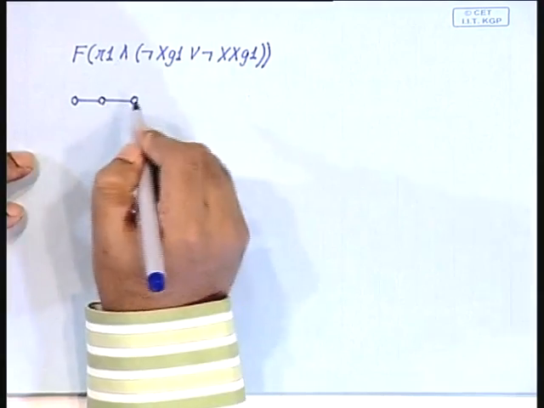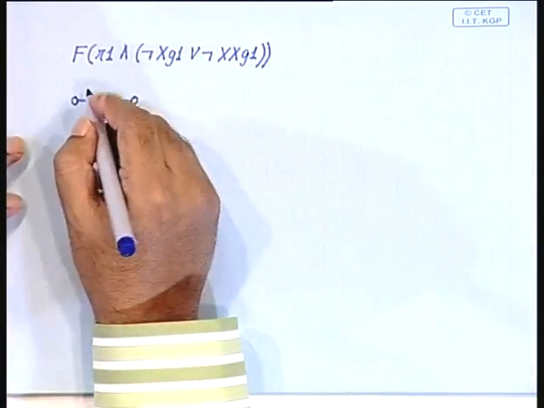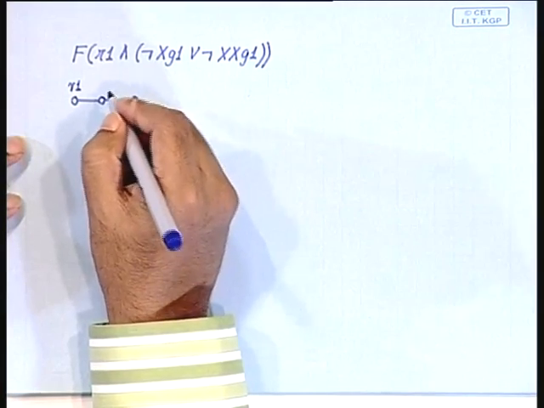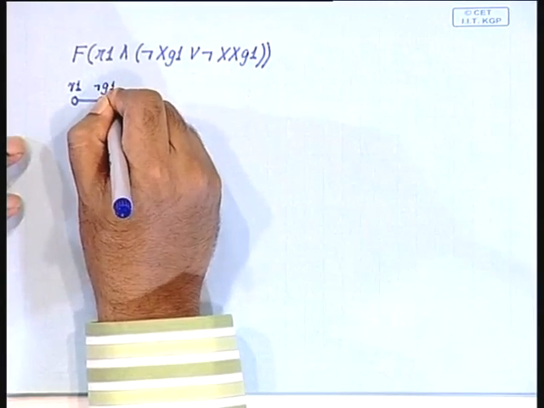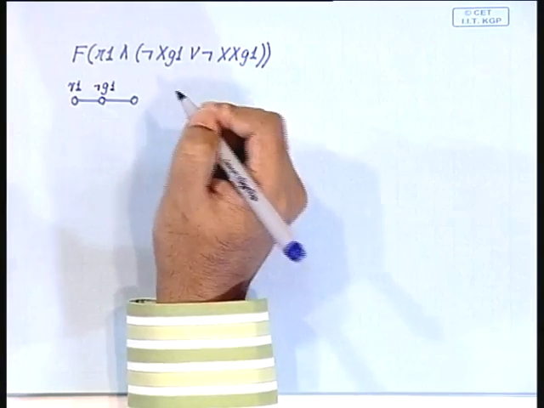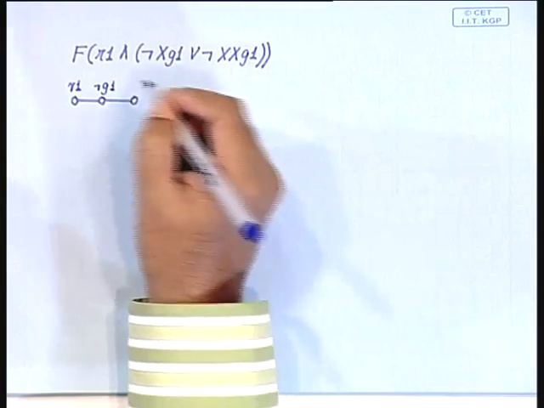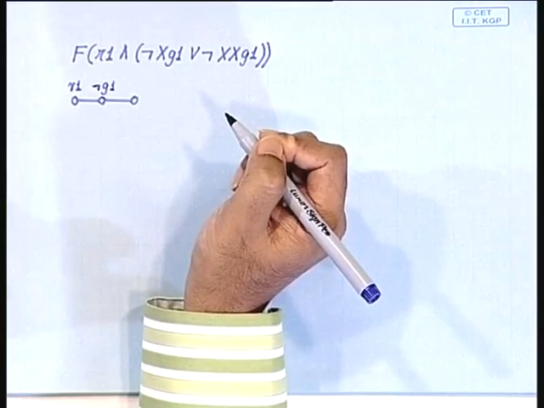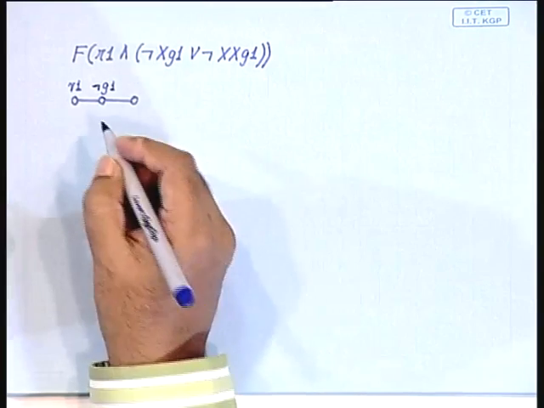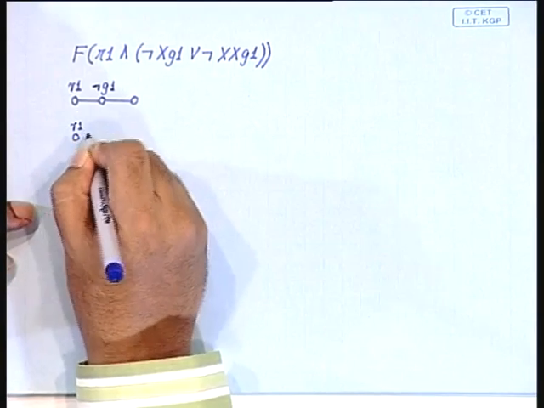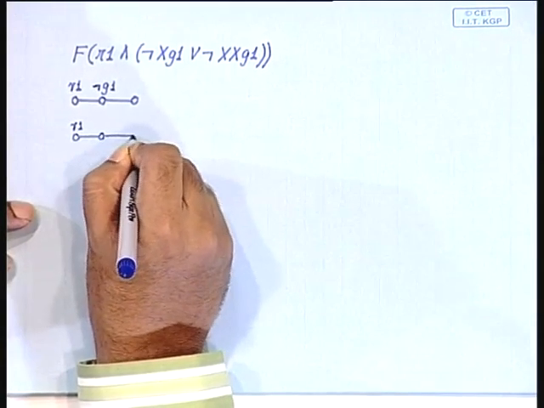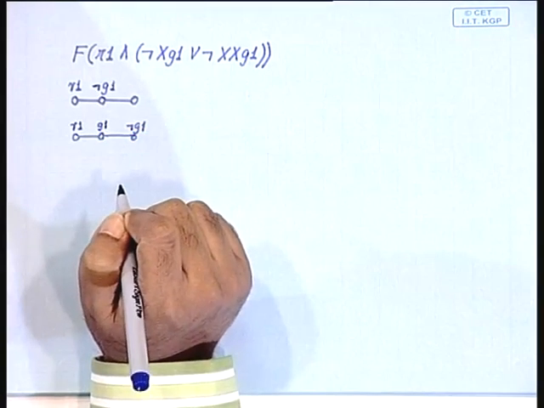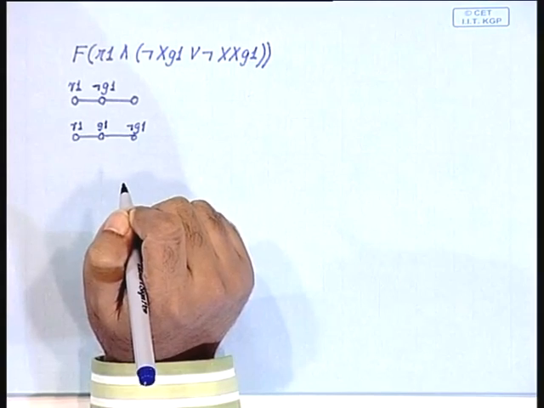One thing that you could have is R1 here and not G1 here, and not G1 here. This is one way in which you can satisfy this, or you can have R1 here and not G1 here, maybe G1 here and not G1 here. This is another way.